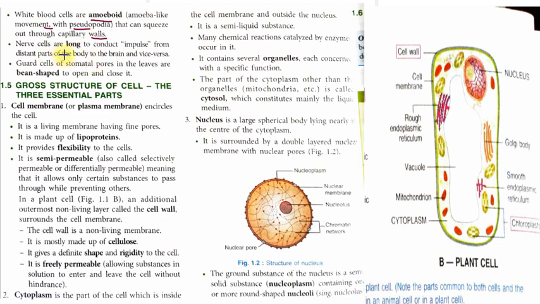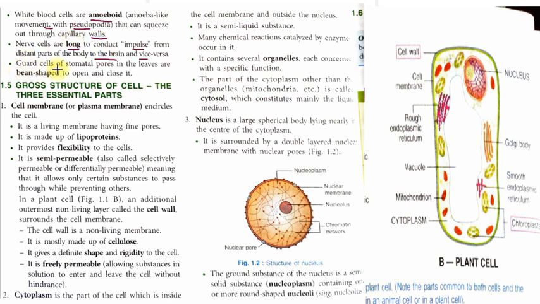In the same way, nerve cells are long. White blood cells are amoeboid, RBCs are circular and biconcave. Nerve cells are long to conduct impulses from distant parts of the body to the brain and vice versa.